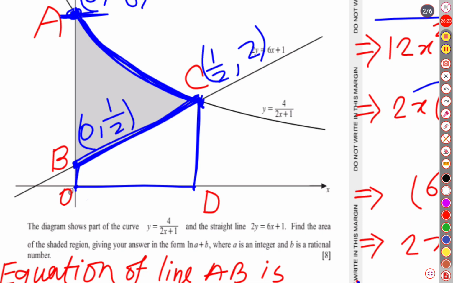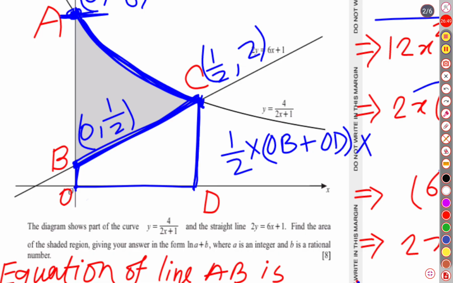What is the formula for a trapezium? The area of a trapezium is half into the sum of the two parallel sides, half into (OB plus CD), into the distance between these two, because this is the perpendicular distance.